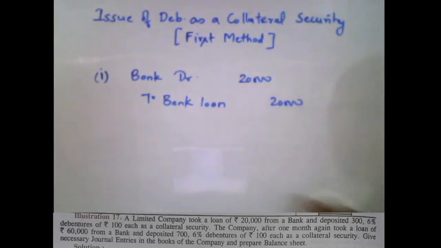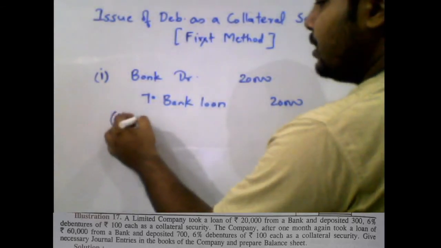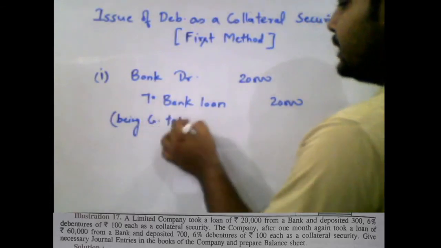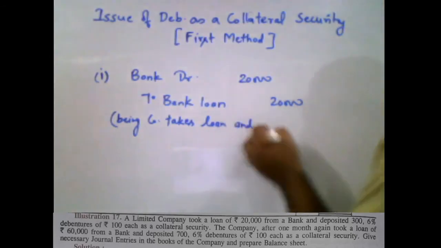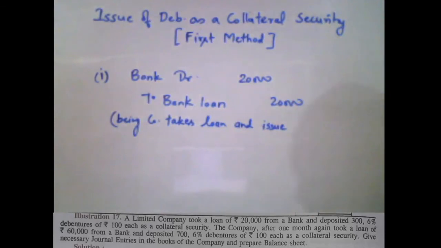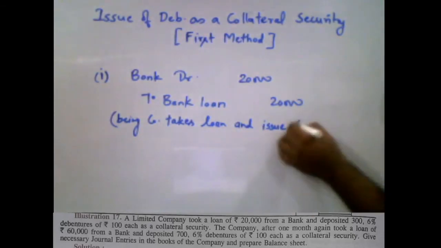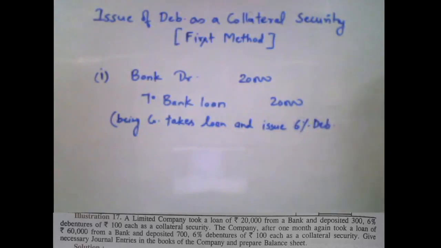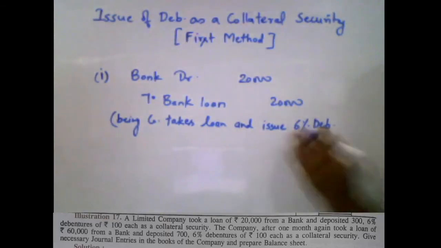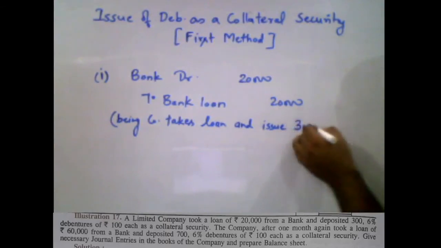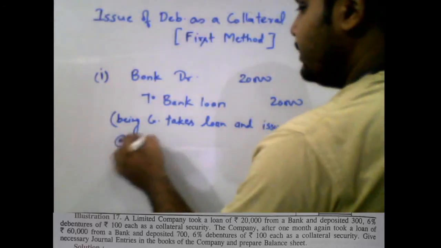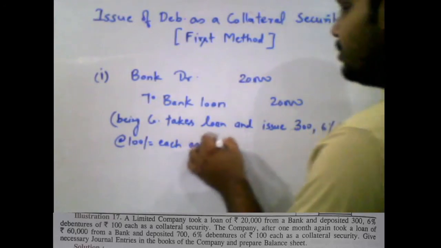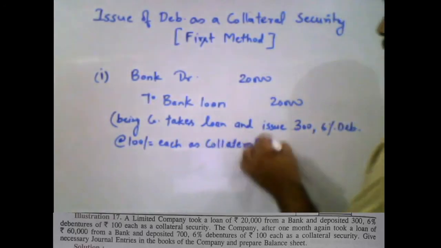And thereafter the narration will be: company takes loan and issues how many debentures? 300 6% debentures at the rate of 100 each as collateral security.